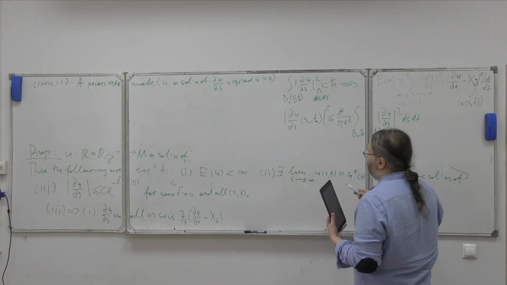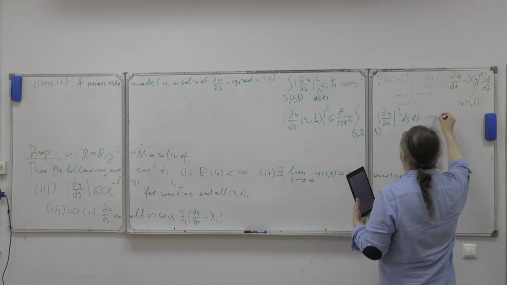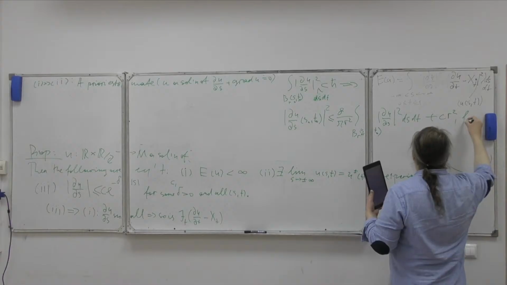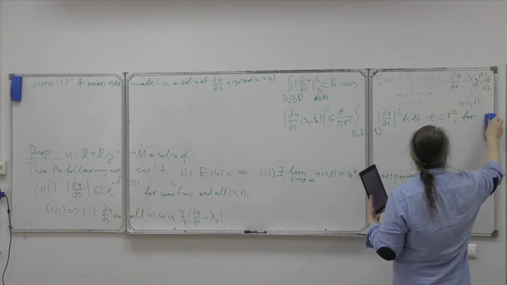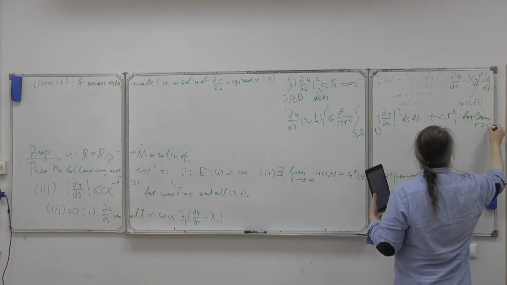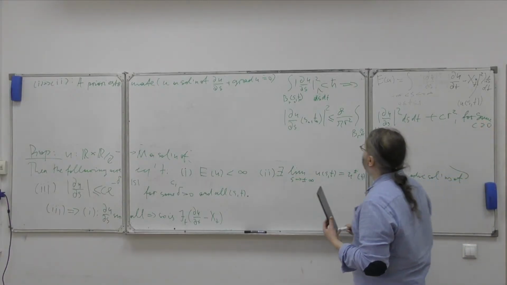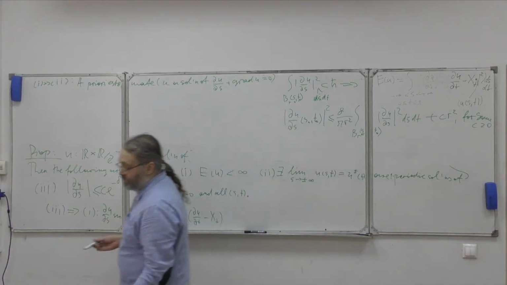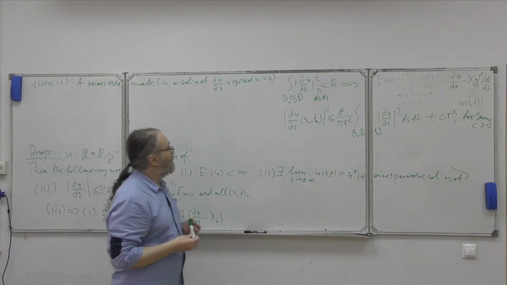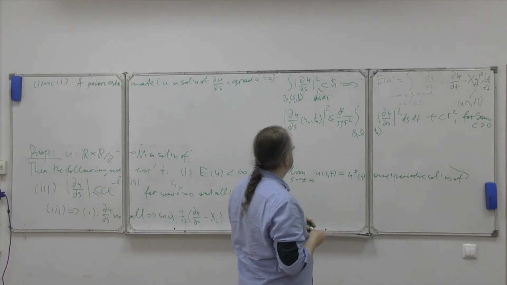And well, I sort of understand how one could try to prove this, but plus CR for some R greater than 0, C greater than 0. Okay, well, let's have a look at this again. What does the estimate say?